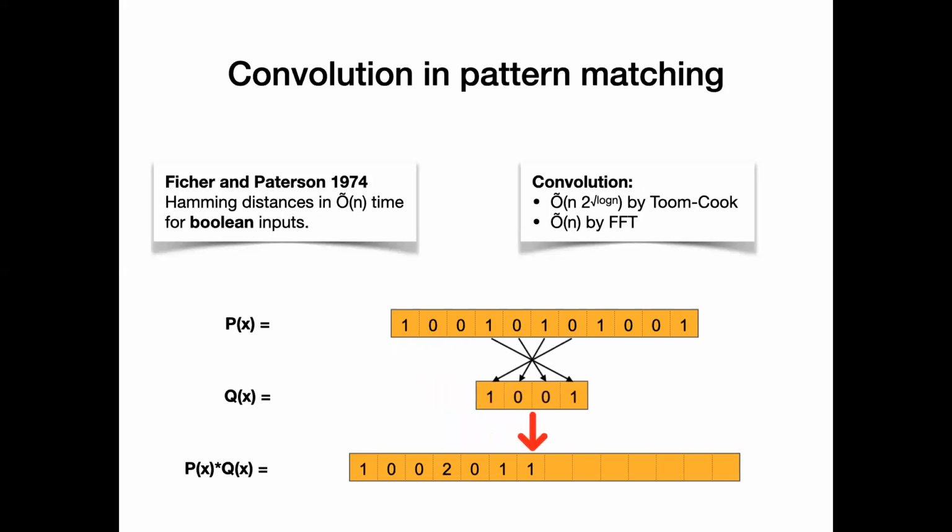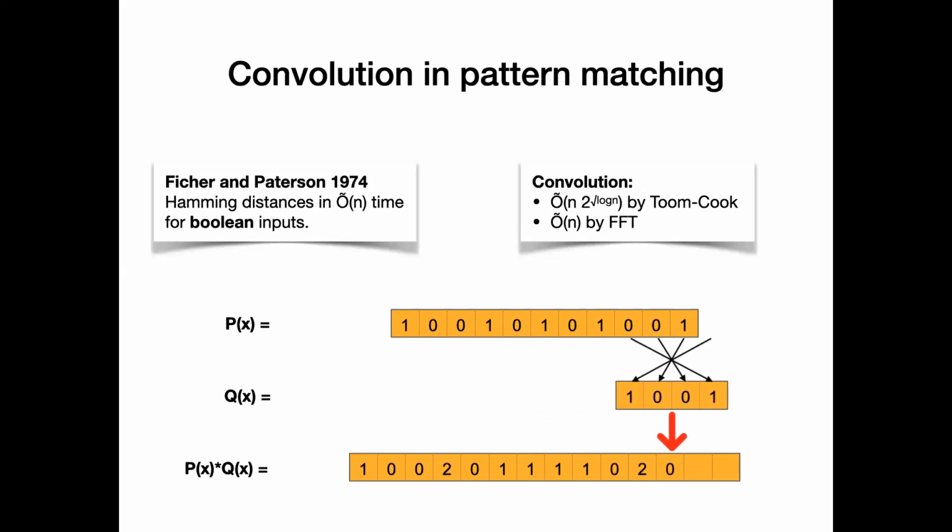So to do the approach of Fischer and Paterson, you want to count ones against ones and zeros against zeros. So this is two multiplications of the text and of the inverted pattern, the pattern in reverse direction. And that's basically the whole black box. That's how convolution is about counting mismatches on a Boolean input.